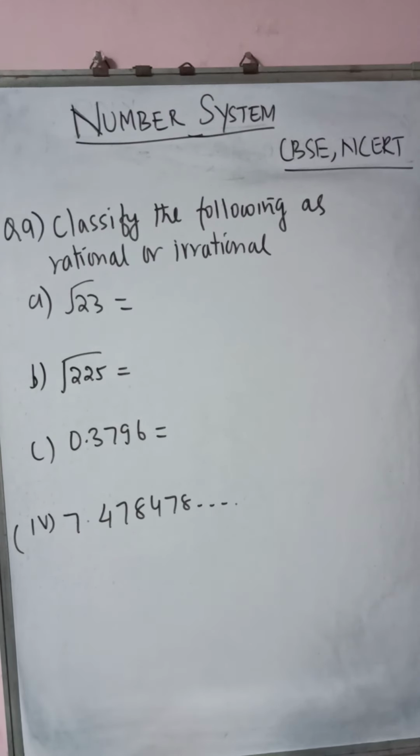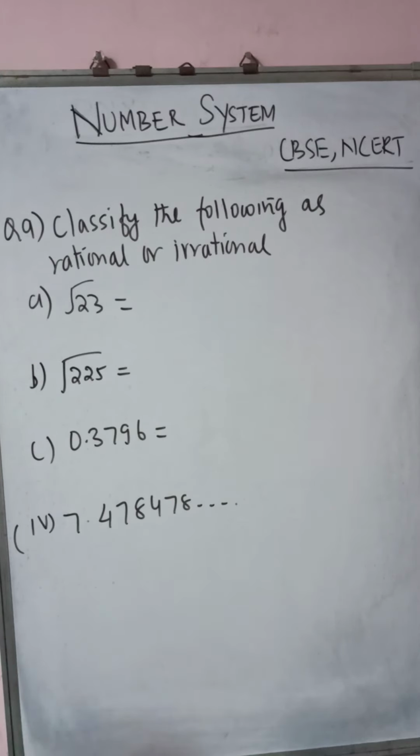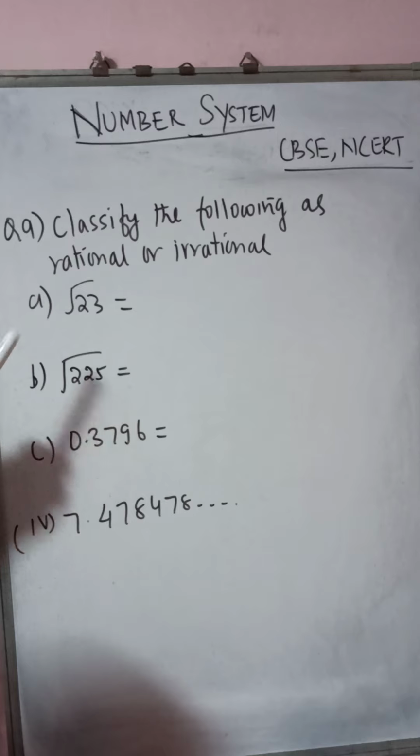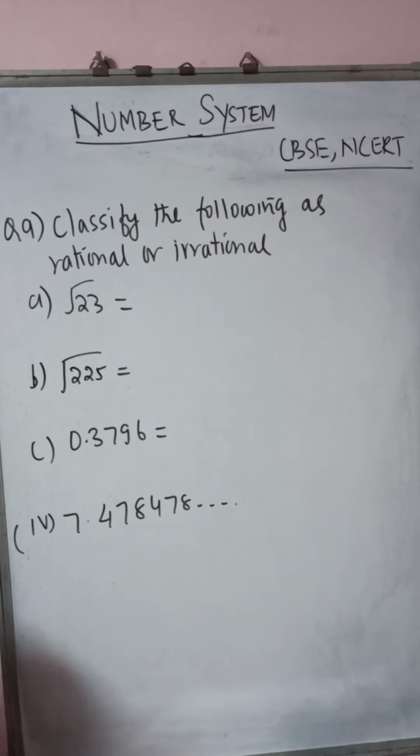Okay, question number 9. We just have to classify the following as rational or irrational. If the number is given in the form of a square root, this is the symbol of square root, and the number inside the root is not a perfect square, then obviously it is an irrational number. So is 23 a perfect square?